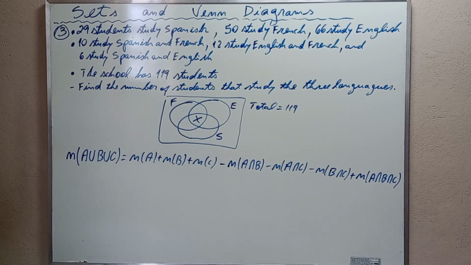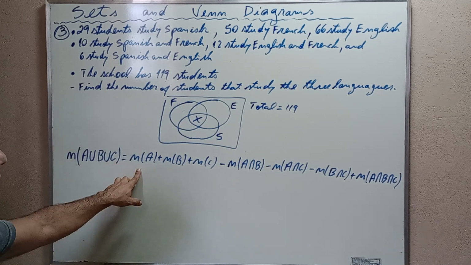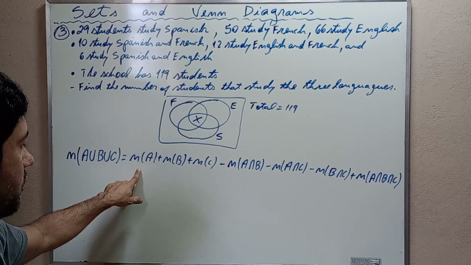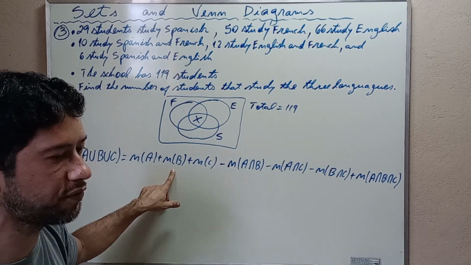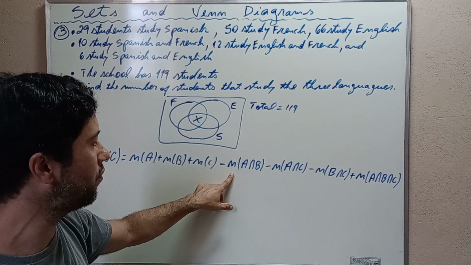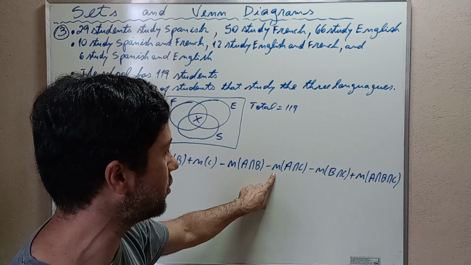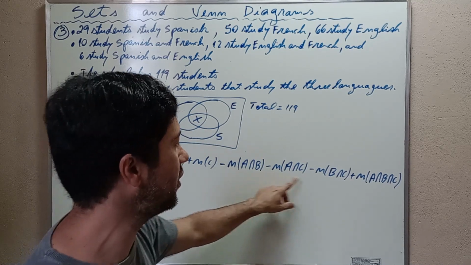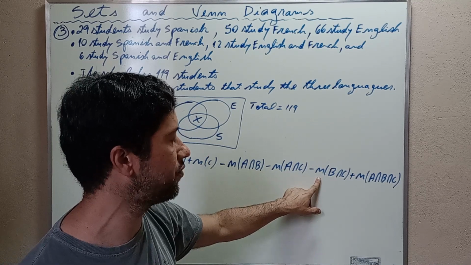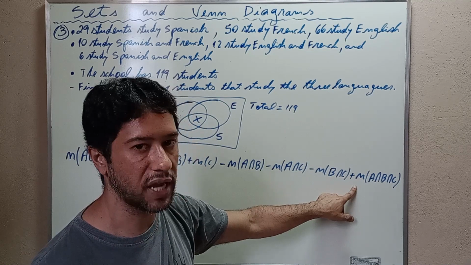For the union of 3 sets with intersections, the relationship holds true. The number of elements of the union of 3 sets is equal to the number of the elements of set A plus the number of elements of set B plus the number of elements of set C minus the number of elements of the intersection between A and B minus the number of elements of the intersection between A and C minus the number of elements of the intersection between B and C plus the number of elements of the intersection of them all.